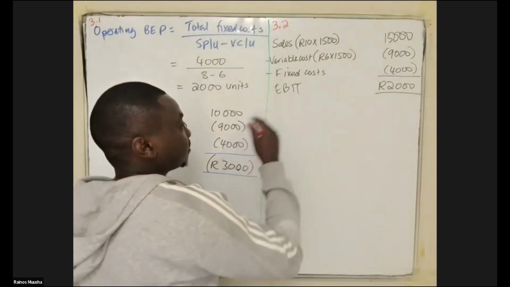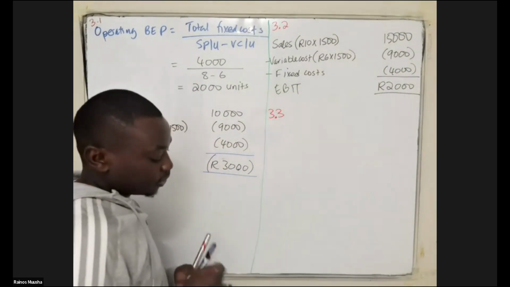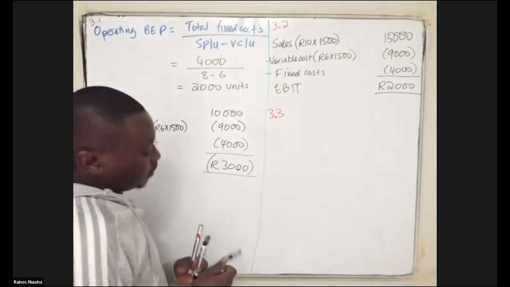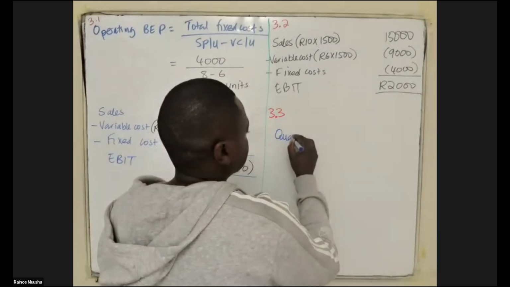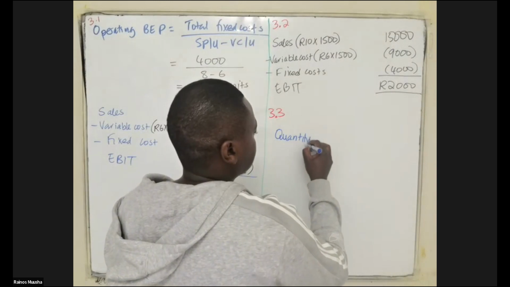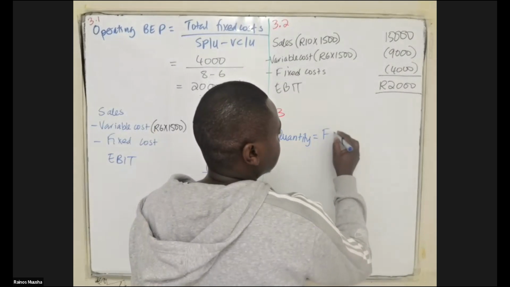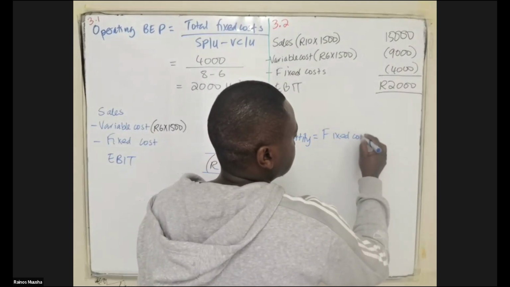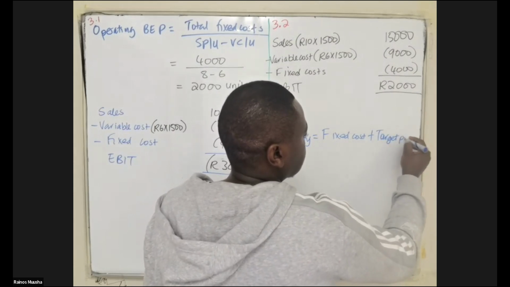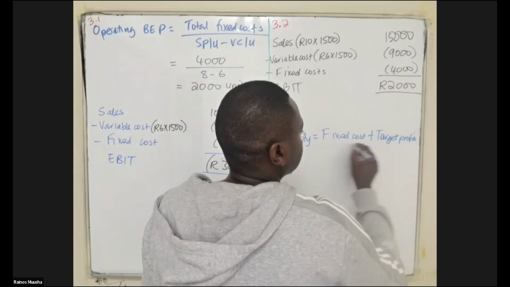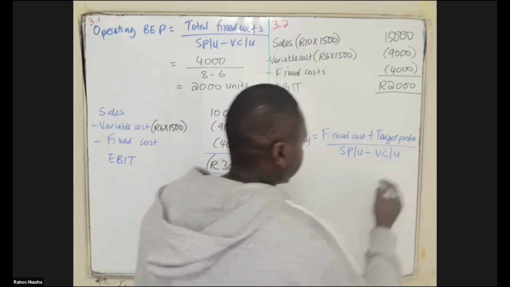for question 3.3, to get the quantity that enables you to generate a certain profit, you are going to say the quantity is given as your fixed costs plus target profit, divided by selling price per unit minus variable cost per unit.